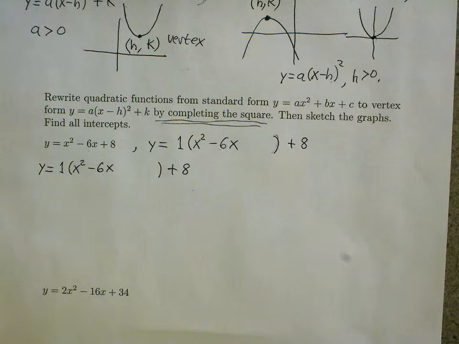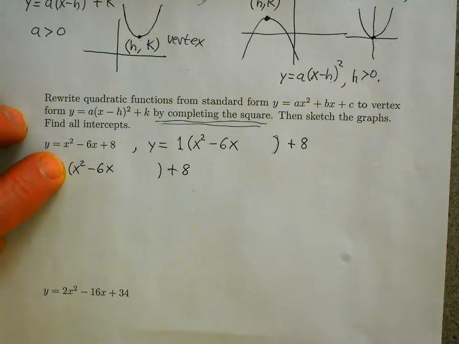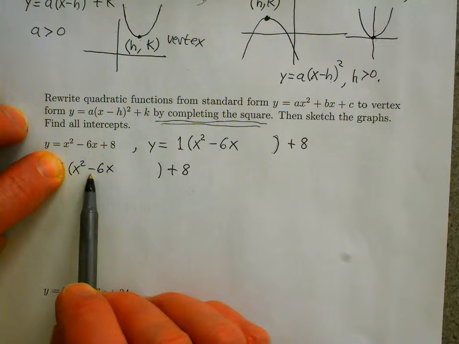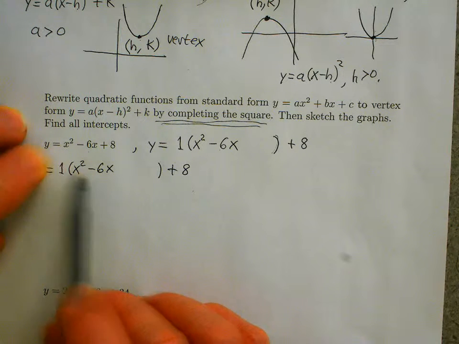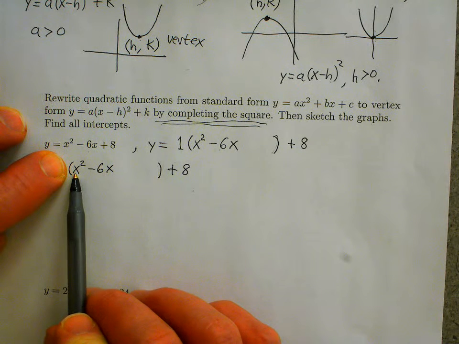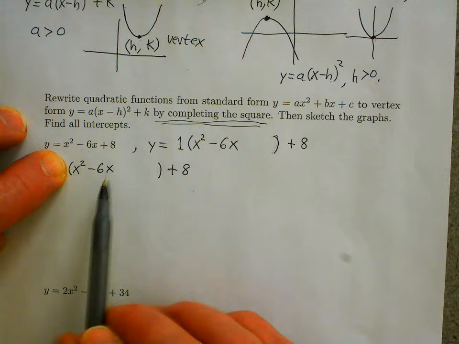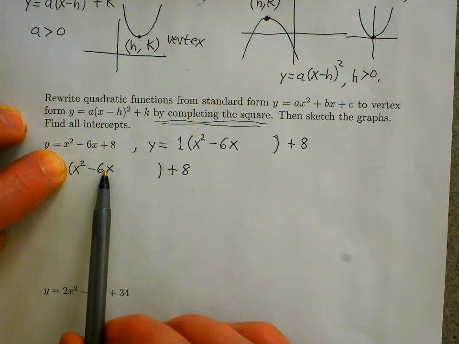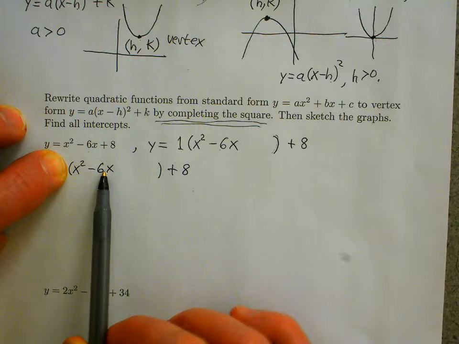Hey, we've done this before. So we're just focusing on x squared minus 6x. We're ignoring this factor 1 that was factored out. To create a perfect square trinomial, we take 1/2 of negative 6 and square that number.